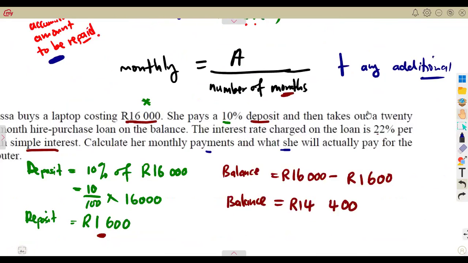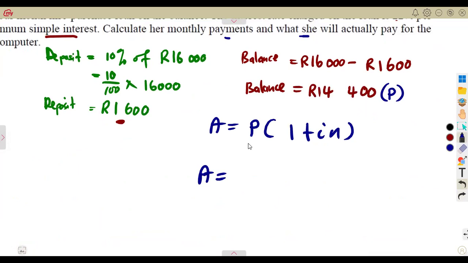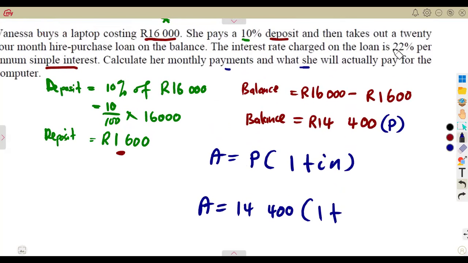Using simple interest, this balance is our P, the principal. So the amount to be repaid is P times (1 plus IN) using the simple interest formula. That is A equals 14,400 times (1 plus the interest rate), which is given as 22% per annum divided by 100, that is 0.22, times the number of years.